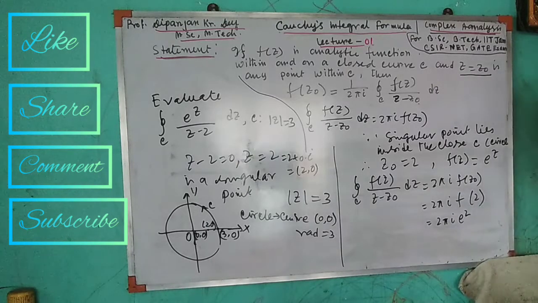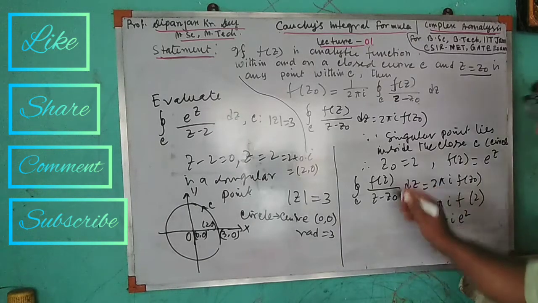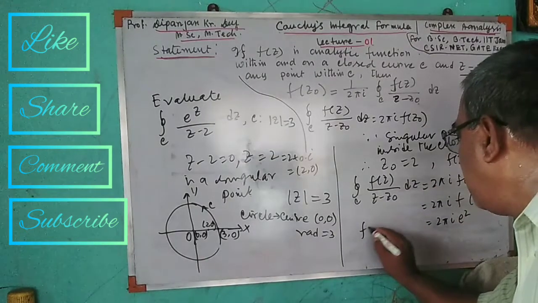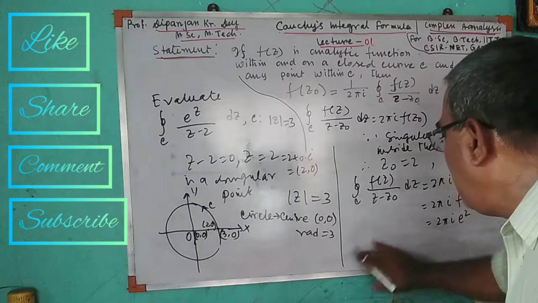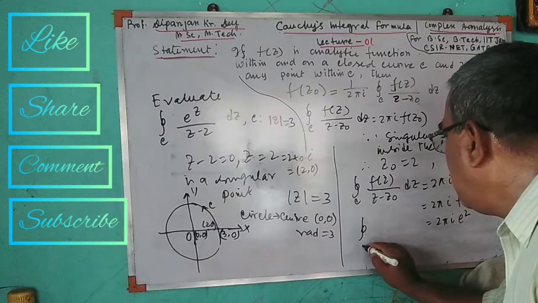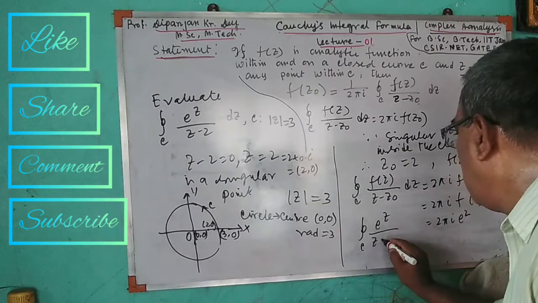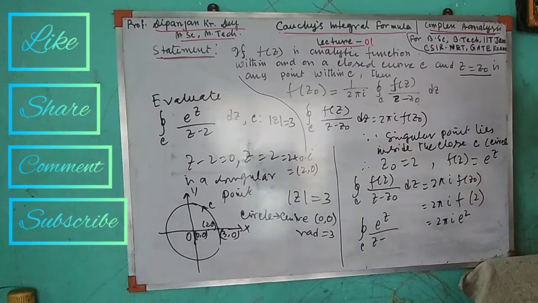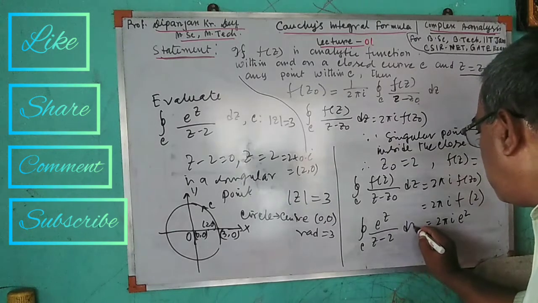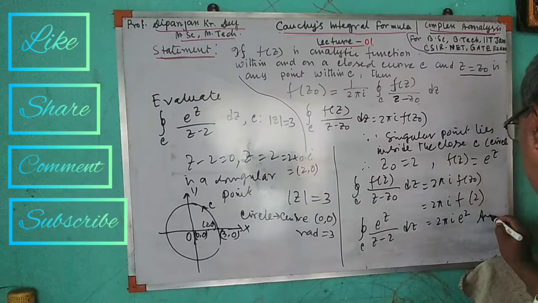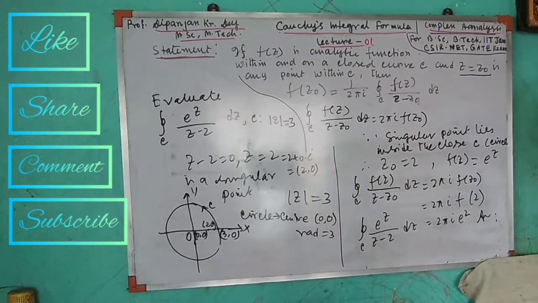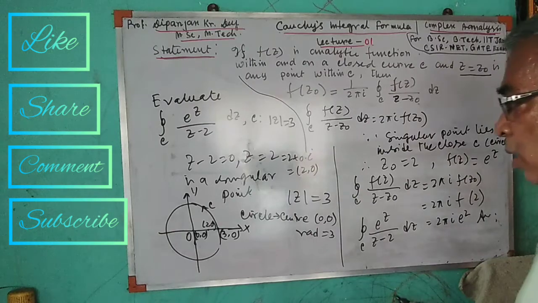This is the answer of this sum, the integral over C of e to the power z by z minus 2 dz.